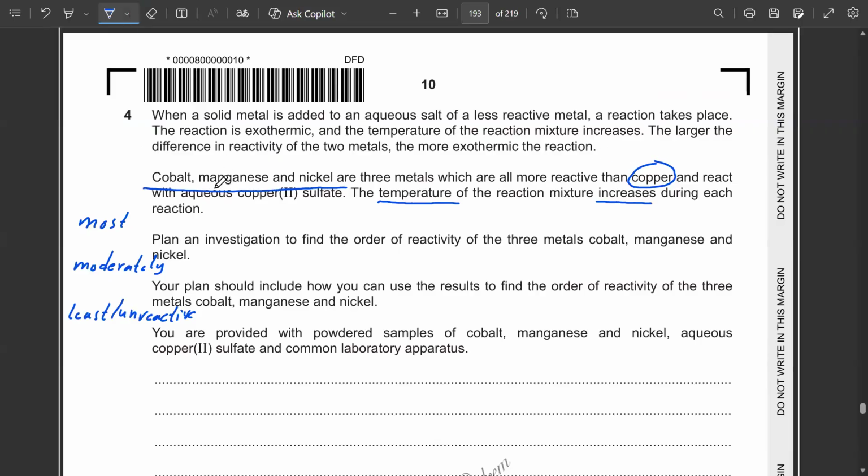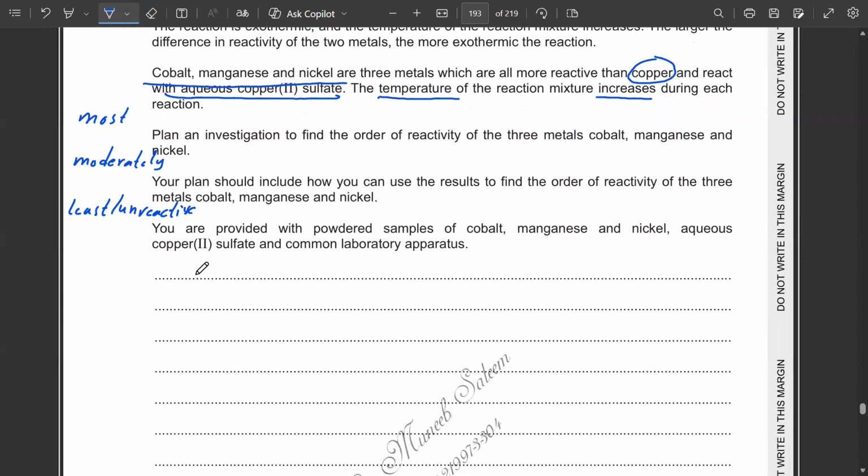You will be using the copper sulfate in one beaker, a beaker with a specified or known volume of copper sulfate. That volume should be the same in all the experiments. It should not be changed. The volume of the copper sulfate solution should always be the same.